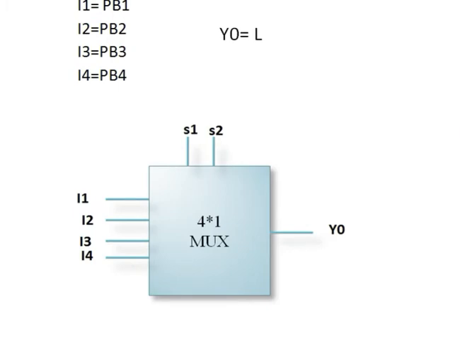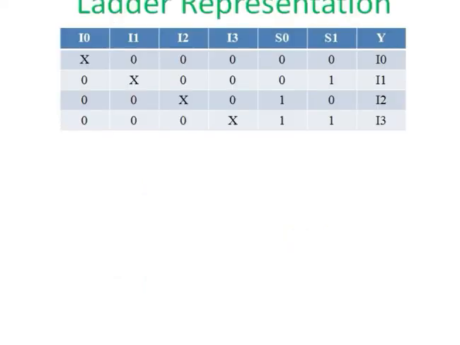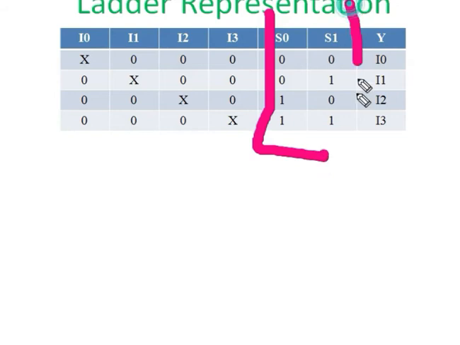Okay guys, next we will move to how we are taking the ladder representation. Means see, ladder representation is very important. I have taken the truth table first. For anything you have to draw the truth table because it becomes very easy. Okay guys, see, I have taken two selection points. Selection is very important, guys. I have taken two selection points, that is S0 and S1.